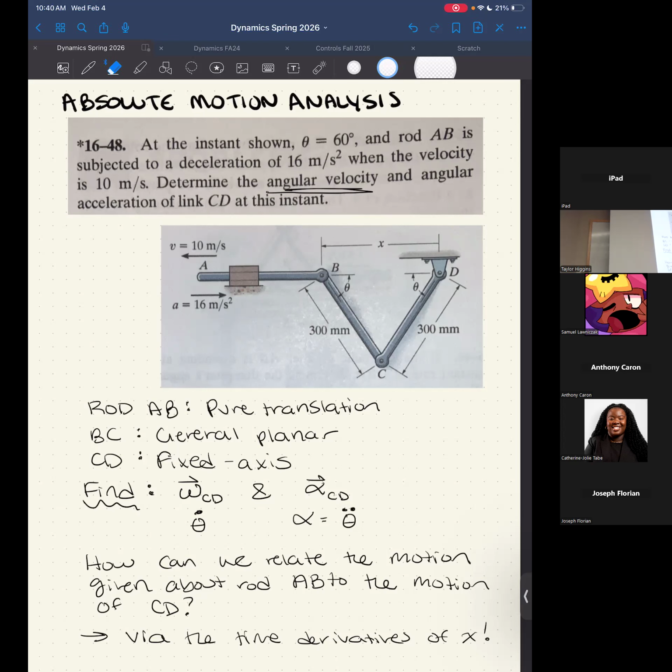No, write your expression for x. I told you, write an expression for x as it relates to theta. Use your trig.